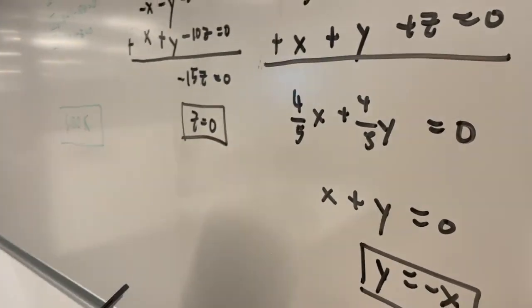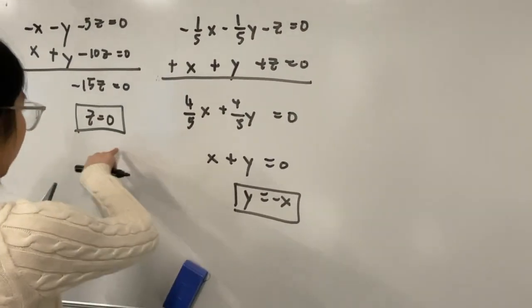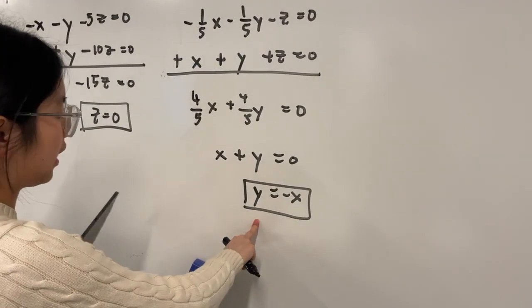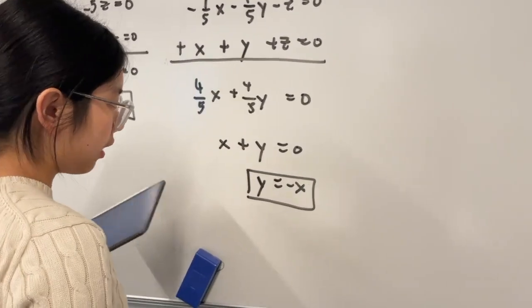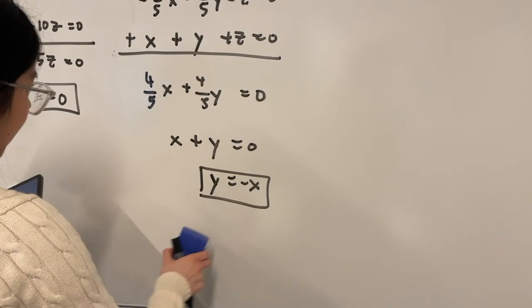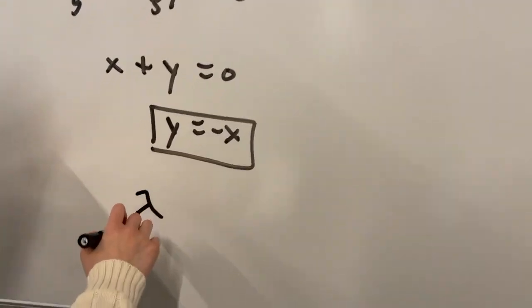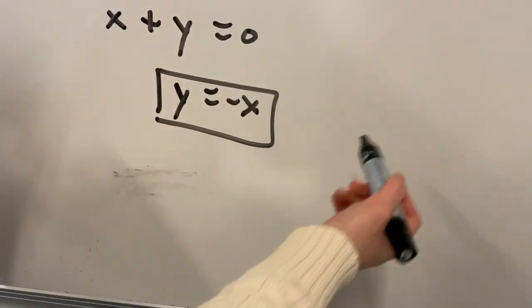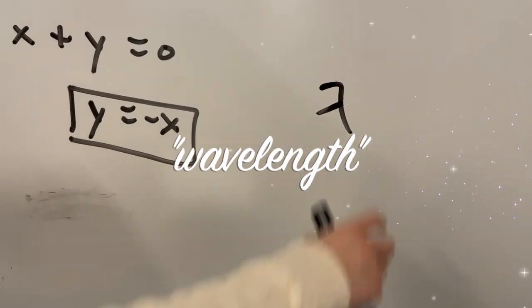This means that we know for definite that z equals 0, but then from this you can know that y can be represented by any kind of parameter. So now it can be just any variable. I'll just use t. I forgot what this is called. I called it wavelength, and I know it's not. It's not wavelength, bro.